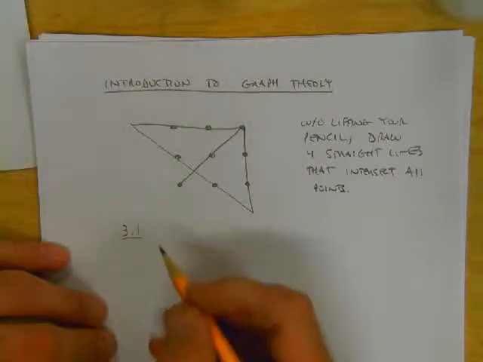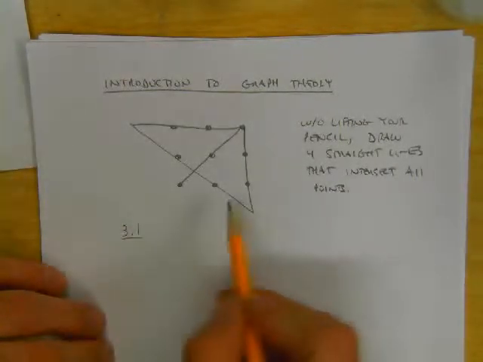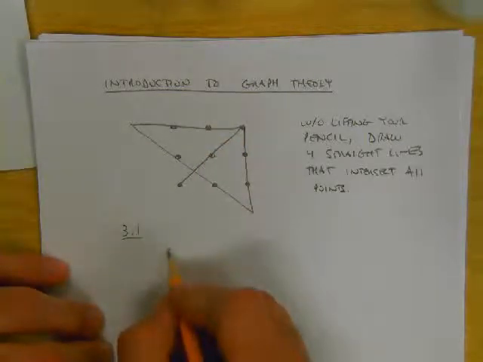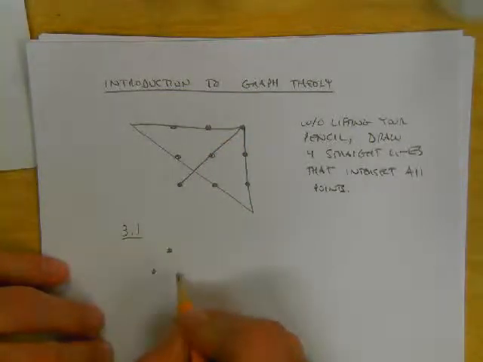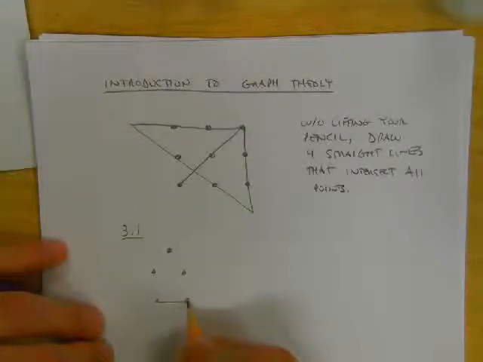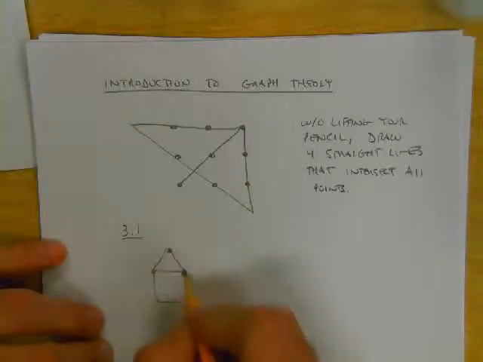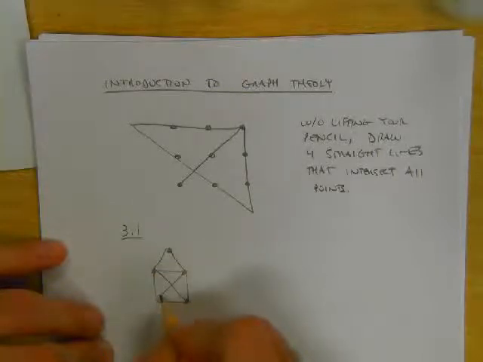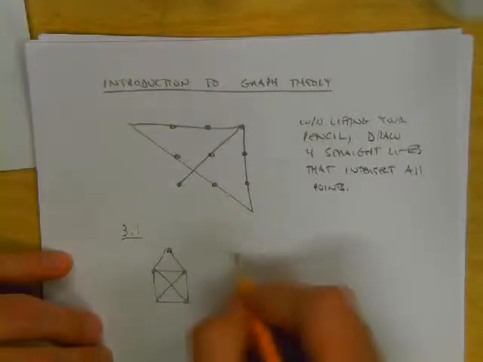What we made up here is a graph, and so I'm going to draw another one that we can use as an example. Here are 5 points, and we'll make it look like a house. Okay?